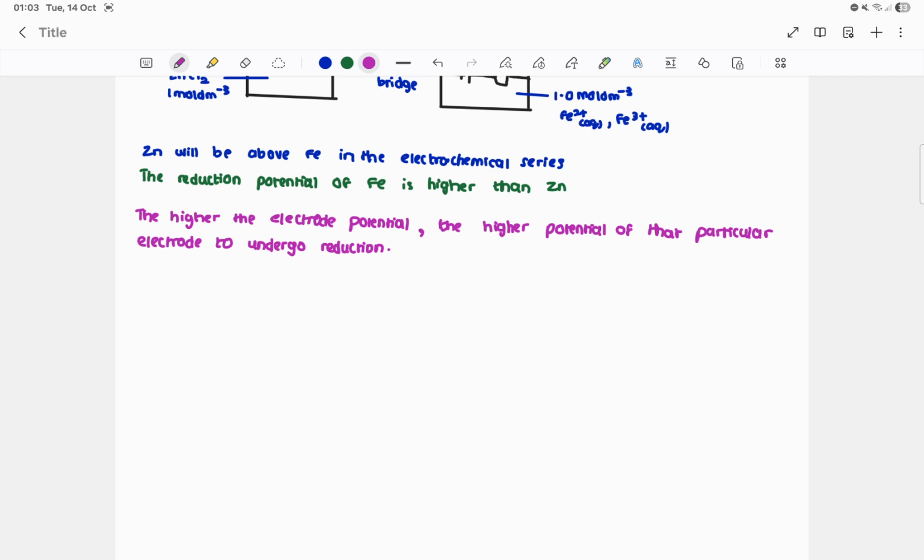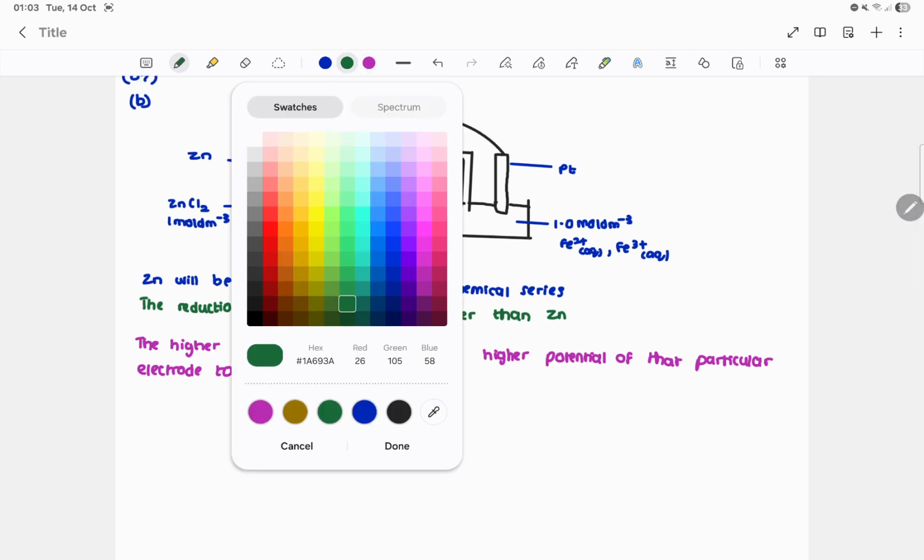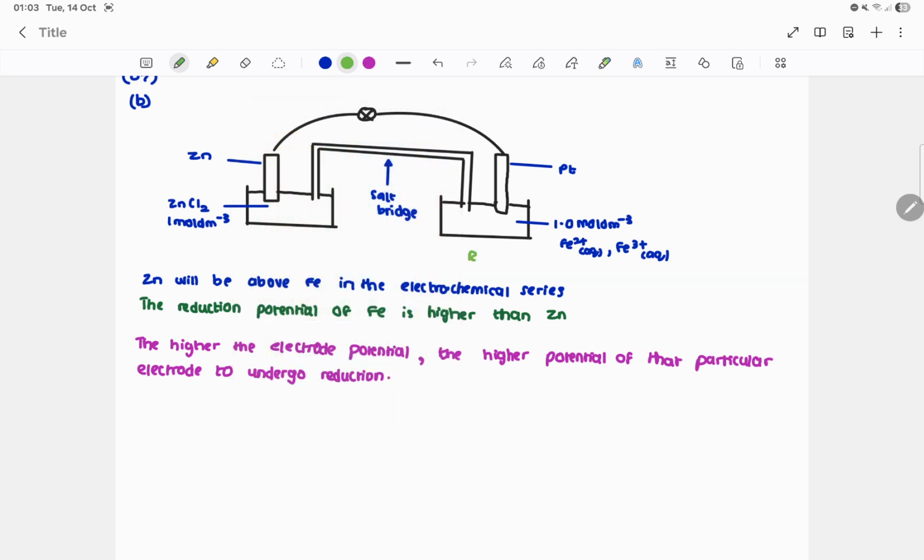So among zinc and iron, iron will undergo reduction. Here, reduction will take place, I write it in another color pen. Here, oxidation.